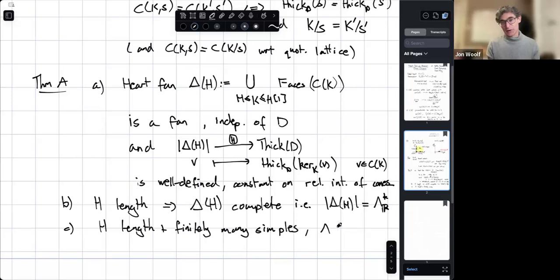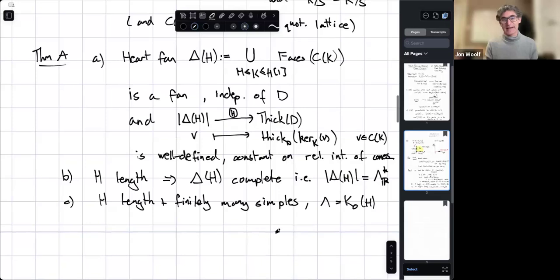And we choose the obvious lambda. So the obvious lambda here is just the Grothendieck group of H, which is finite rank free in this case. Then in this situation, we can say exactly when this heart fan is finite, i.e. it's just a finite set of cones.